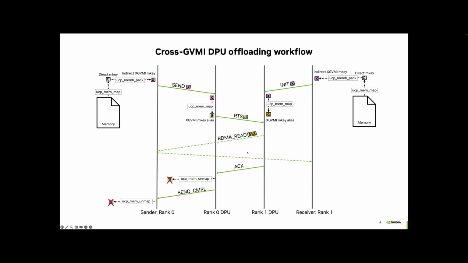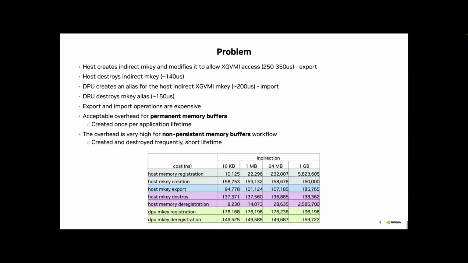At the end of the data exchange, we need to destroy an alias on the DPU side, and on the sender host, and also on the receiver, we need to destroy the corresponding indirect cross-GVMI memory key. At a very high level, this is how it works. So far, all good. No issues.